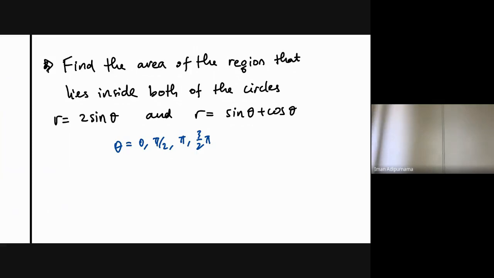Sine is positive in 1 and 2. So the circle is not exactly cutting the axis in a symmetrical view.